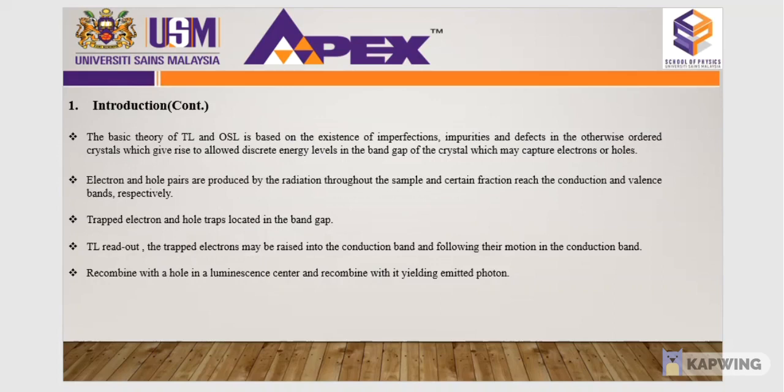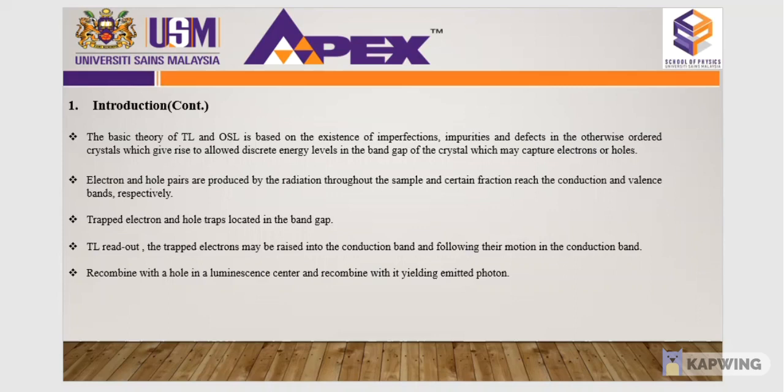Slide 4 is a continuation of the introduction. The basic theory of TL and OSL is based on the existence of imperfections, impurities, and defects in an otherwise ordered crystal, which give rise to allowed discrete energy levels in the band gap of the crystal and may capture electrons or holes.